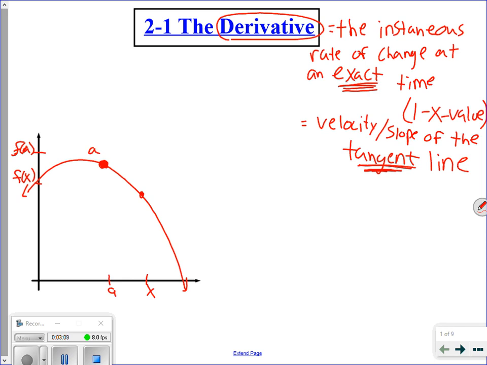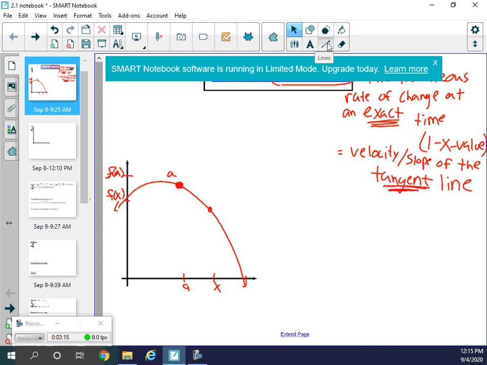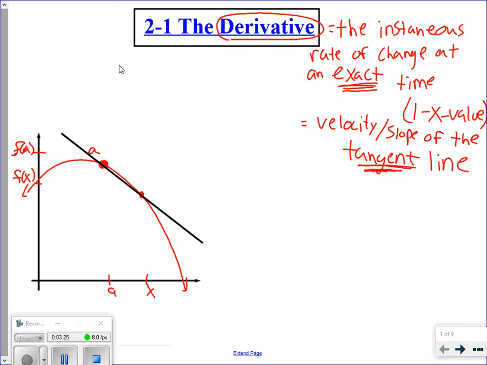All right, if I was curious about the slope here at A. Well, before now, you would do it by finding the slope of the secant line. Which, let me draw that out real fast. Got a little line here. So the slope of the secant line between, say, A and x would estimate what that is. Okay. So what we're used to, I'll go ahead and write this out over here. We're used to doing the secant line.